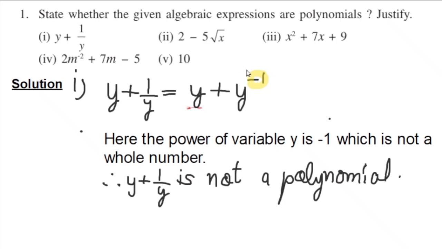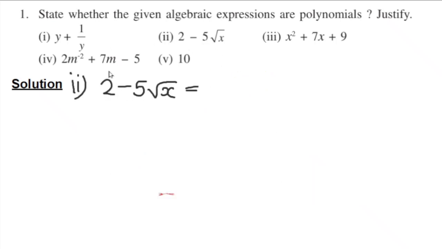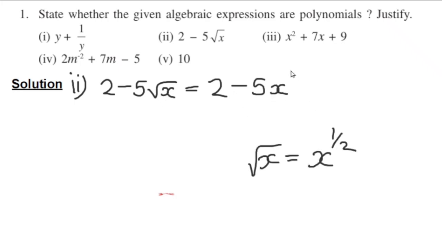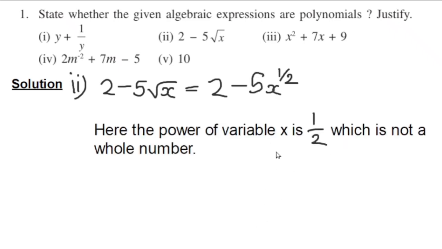The second one we will see. The second one is 2 minus 5 root x. How can you write it? See, x raised to 1 by 2. Understood? The power of this variable, that is x raised to half, right?